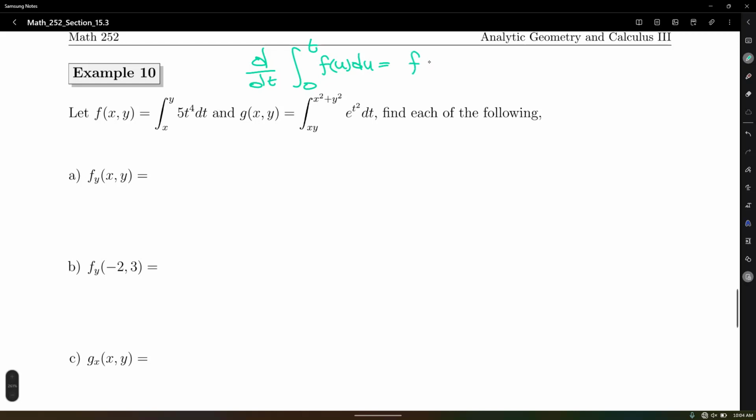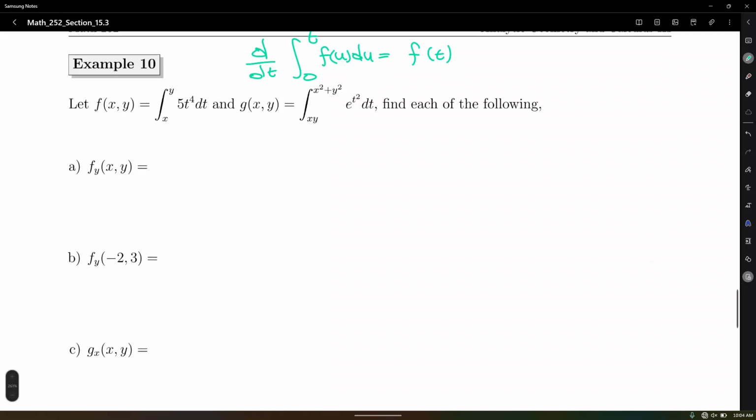That's simply f of t. That's the second fundamental theorem. That's when the limit is just a constant and the variable is just t. I'll show you how that works when it's something more elaborate, with powers like the one we have here.